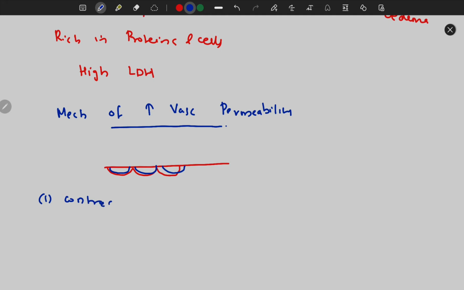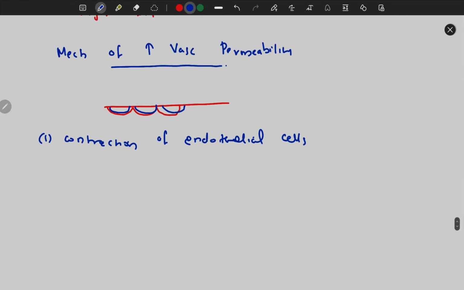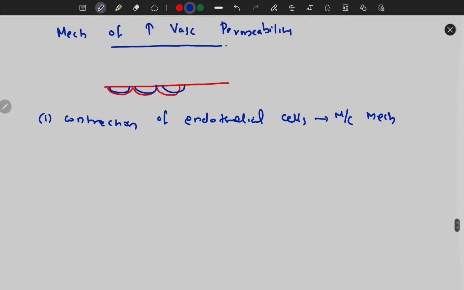The contraction of endothelial cells is the most common mechanism, and this happens in the post-capillary venule.